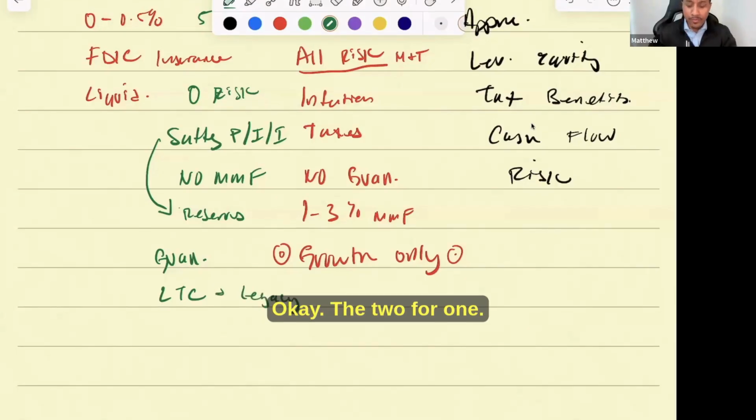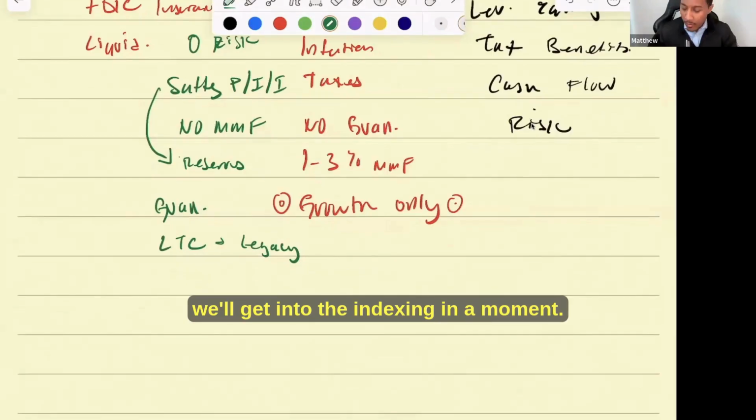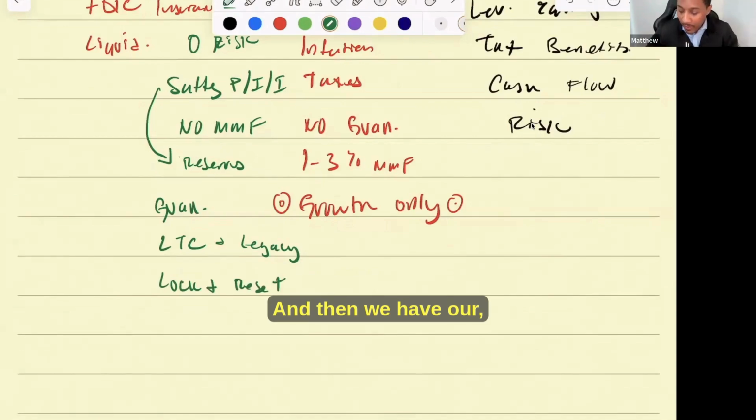And part of the indexing, we'll get into the indexing in a moment, is what's called the lock and reset feature.